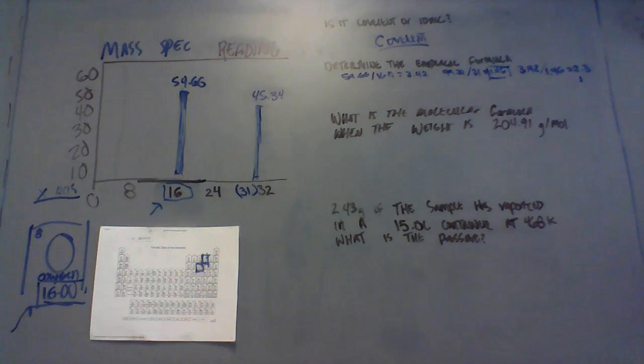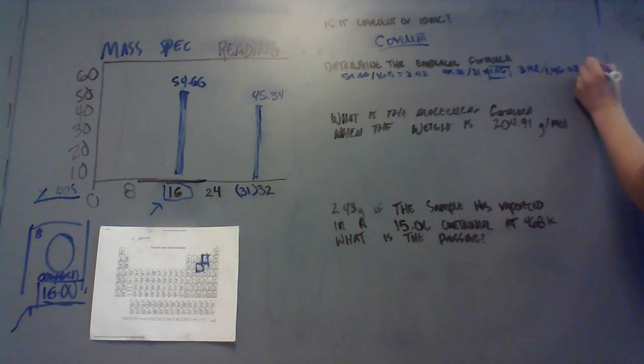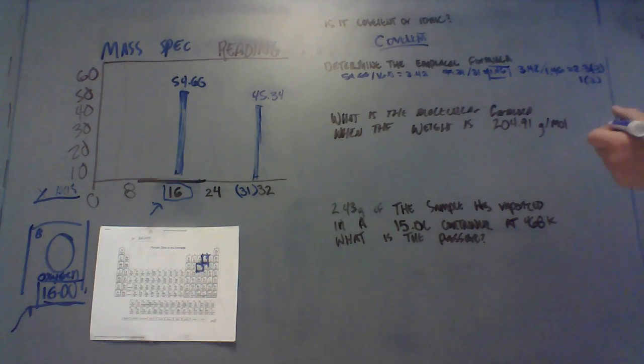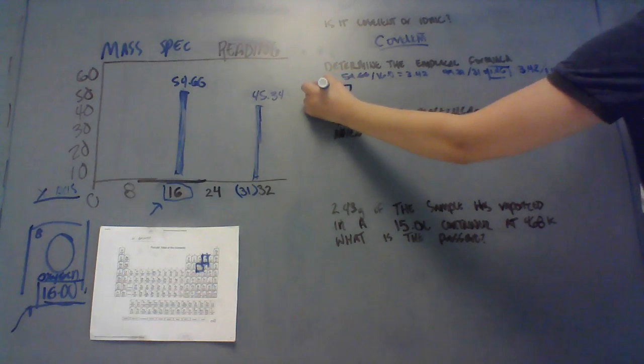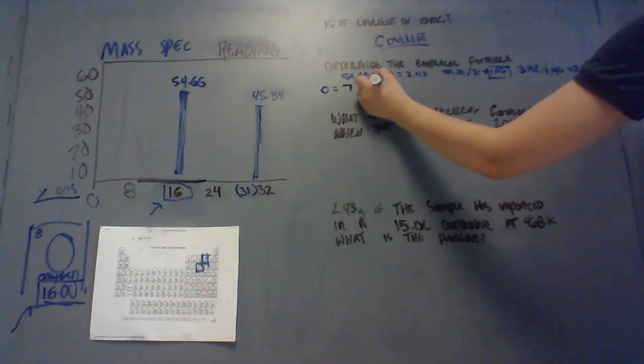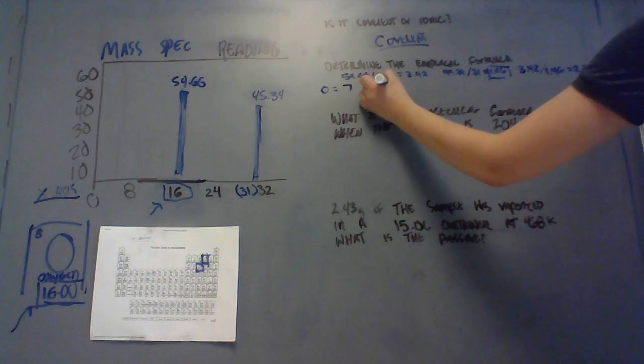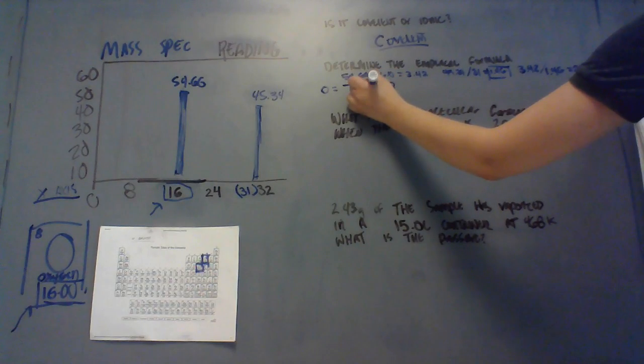We cannot have decimals in our answer, so we need to multiply both sides by 3. This leaves us with 7 for oxygen and 3 for phosphorus.